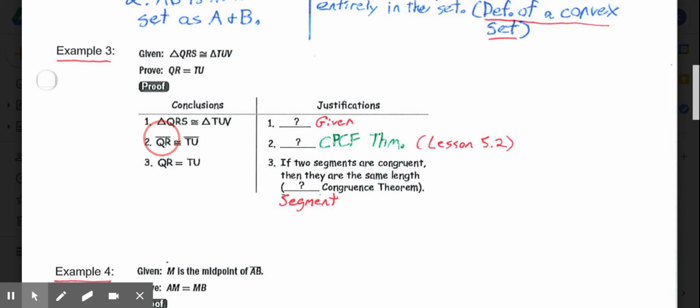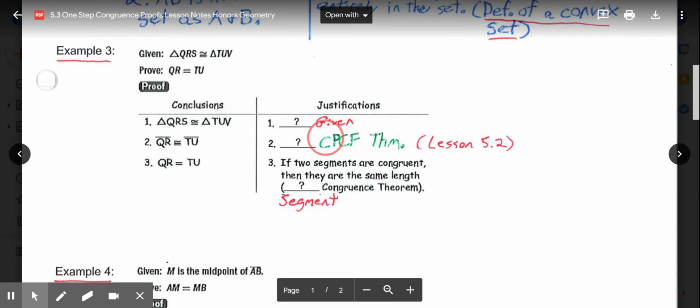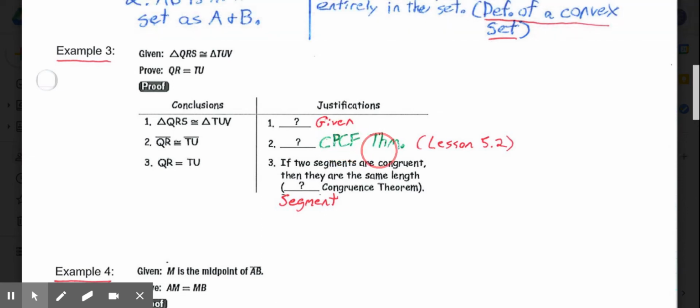So here they told us segment QR is congruent to segment TU. Well, how can they say that? They can say that because of the corresponding parts of congruent figures theorem from our last lesson. We know QR here corresponds with TU here, so any corresponding parts of congruent figures are congruent.